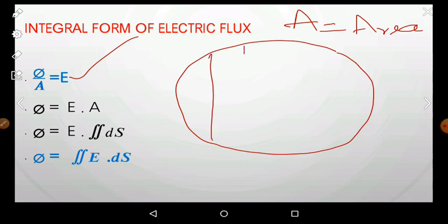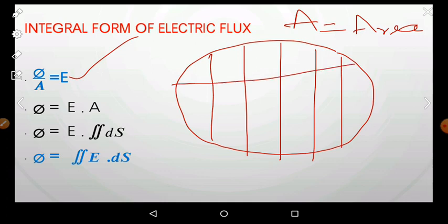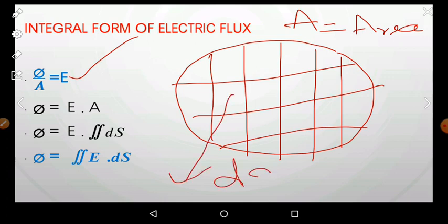We divide this total surface area into small, equal parts, small elements, and each part has an area ds. What we have done here is divide the total surface area into equal small parts, each with surface area ds.